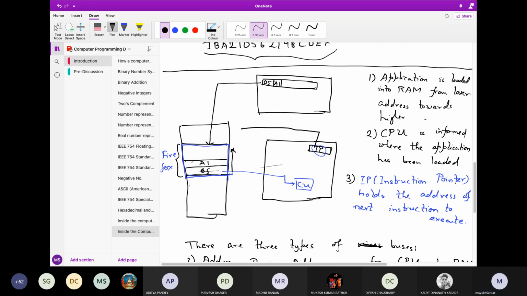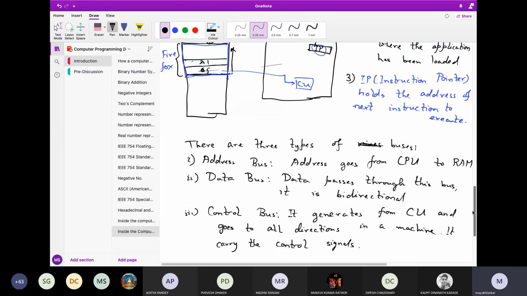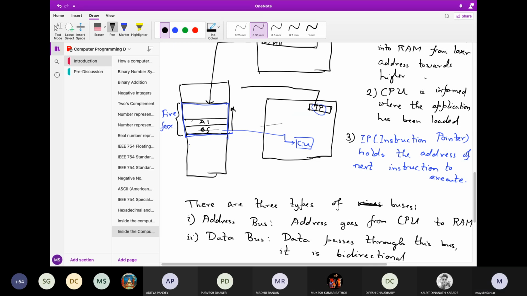Now there are several things that come in between. As I said, the address bus is used to take the address from the CPU to RAM or all those devices which hold data, like a video card, that means a dedicated video graphics card, and so on.